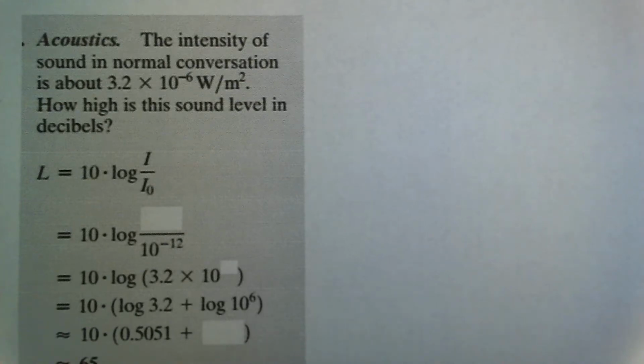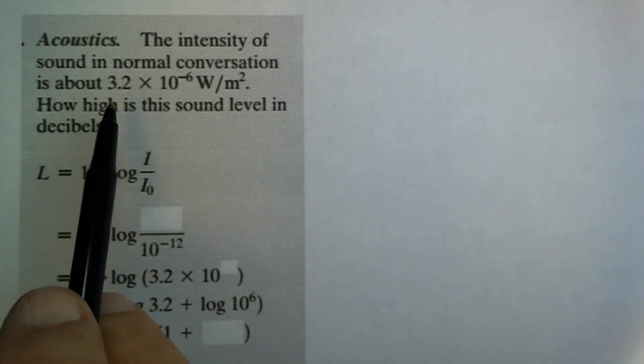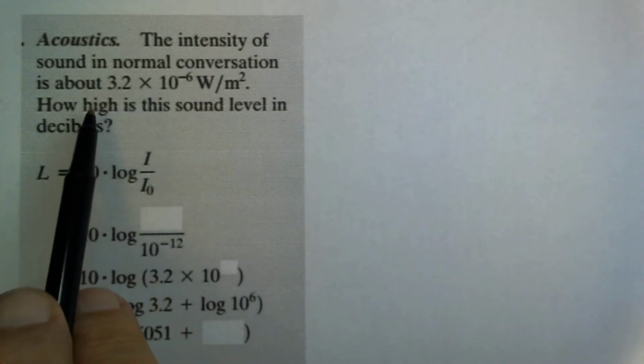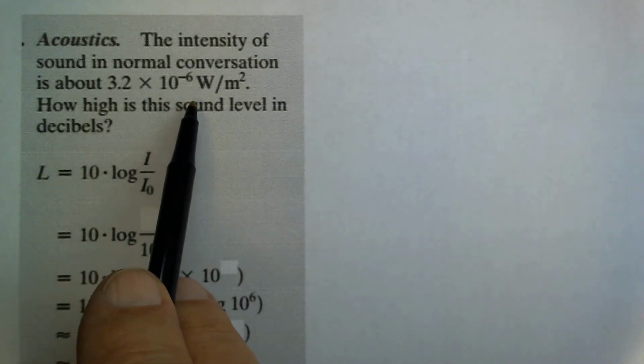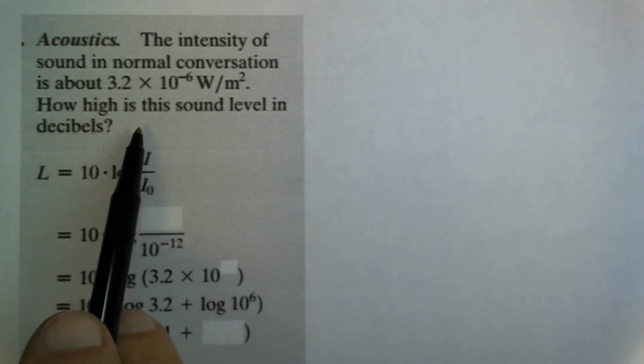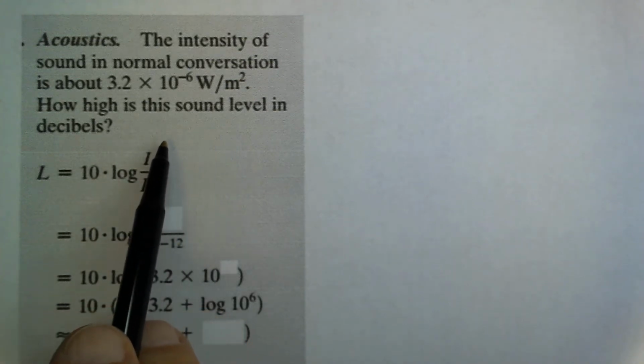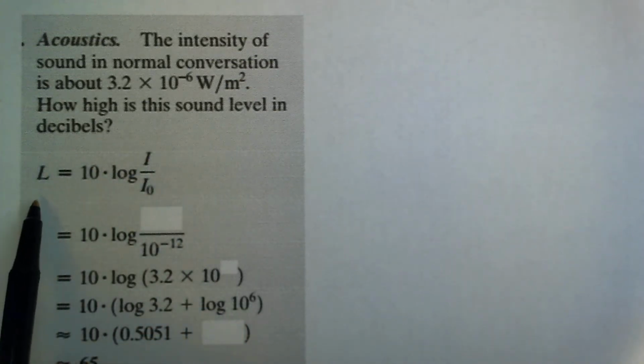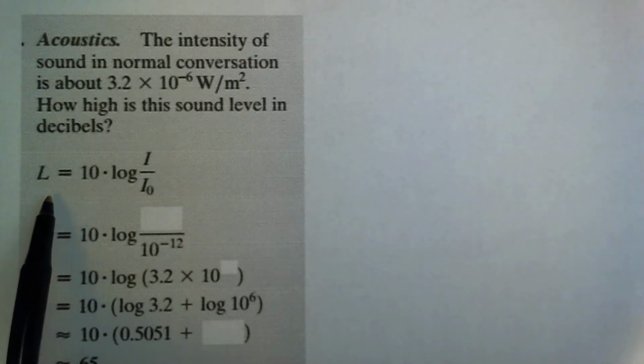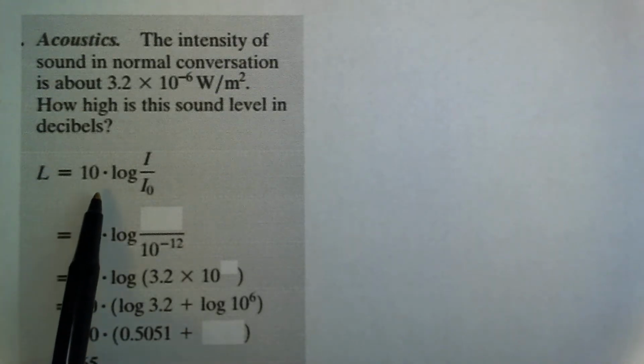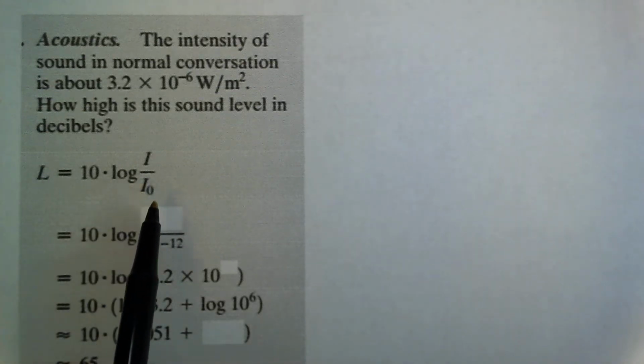So here's a problem about acoustics. The intensity of sound in normal conversation is about 3.2 times 10 to the minus 6 watts per square meter. How high is the sound level in decibels? So here's our basic definition. The sound level in decibels equals 10 times the log of I divided by I sub 0.